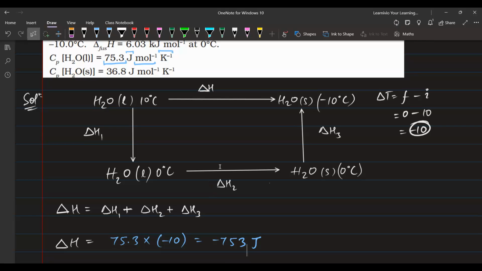What is happening here? It is becoming solid. But what is the enthalpy change? Is there any data given which we can use? Yes. Which data? Tell me.